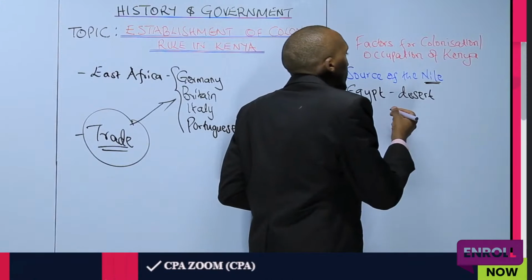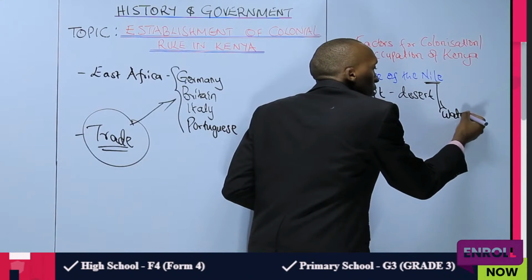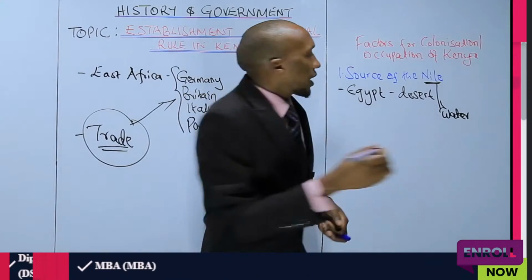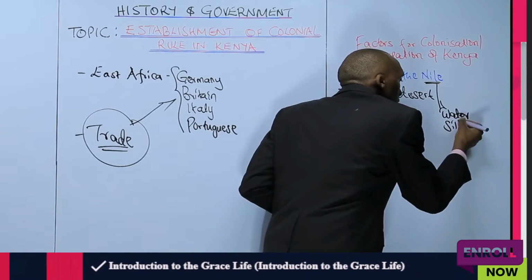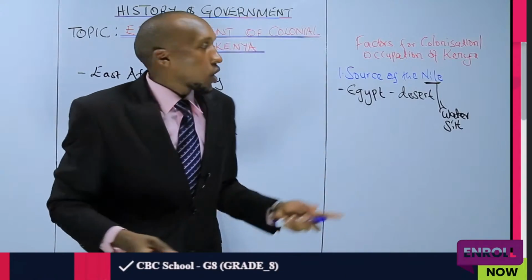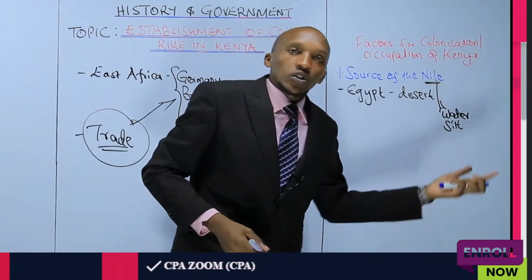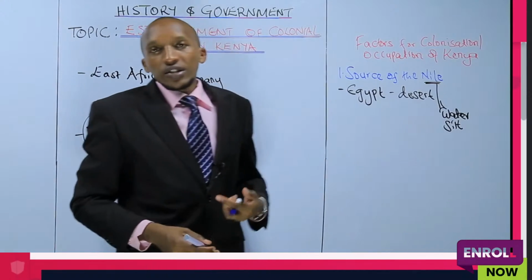The Nile provided water. It also provided silt that could be deposited on the shores of the Nile as it goes to drain into the Mediterranean Sea.